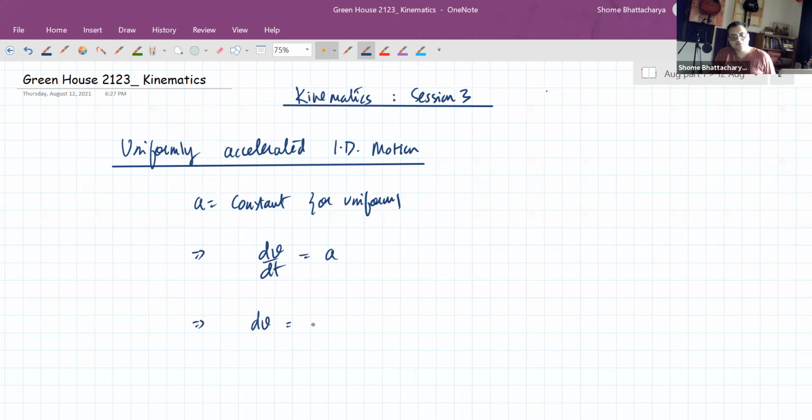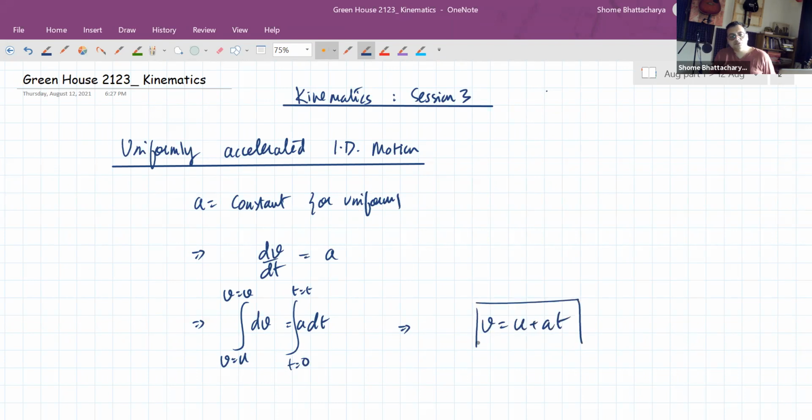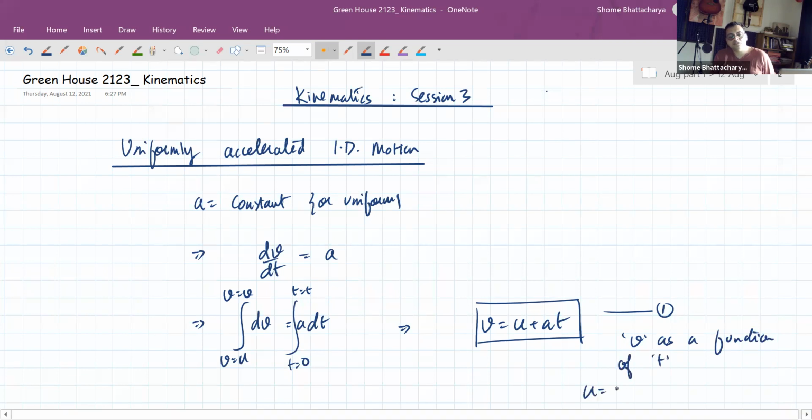By cross multiplying the dt and integrating both the sides, it's seen that at t equal to 0, the initial velocity is u, and at some time t, the instantaneous velocity is v. From this integration, we got the relation that v is equal to u plus at, which was our first equation, which gives us the instantaneous velocity as a function of time t, where of course u is the initial velocity and a is the acceleration, which is of course uniform.